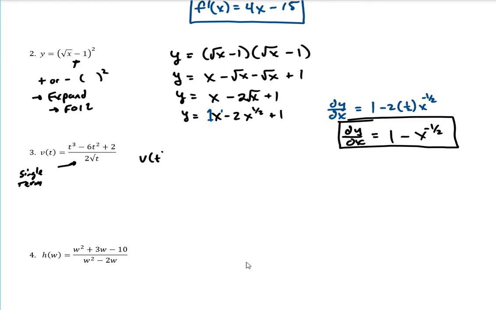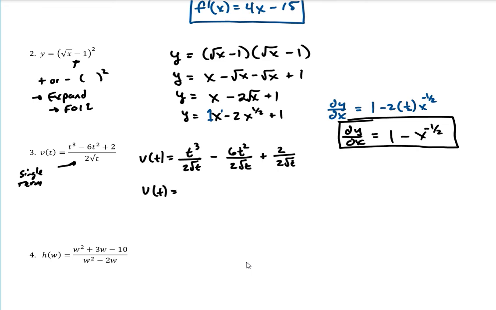Okay, so we're going to rewrite it as v of t is equal to t cubed over 2 square root t, and then minus 6t squared over 2 square root t, and then plus 2 over 2 square root t. All right, and then before we continue, the square root here, again, is probably better if we saw it as a power.